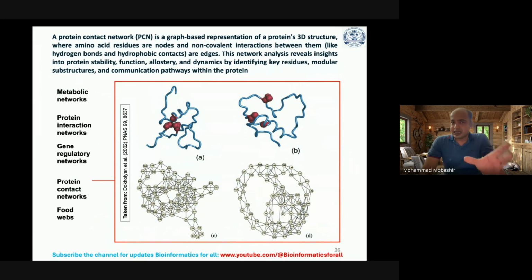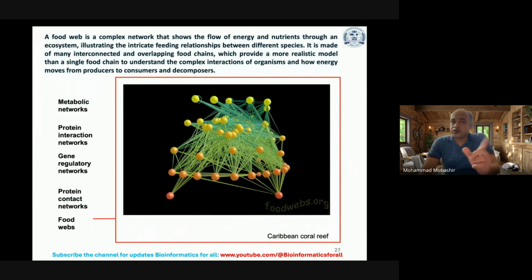The PCN, or protein contact network, is a graph-based representation of a 3D protein structure where amino acid residues are nodes and non-covalent interactions between them are edges. This network analysis reveals insight into protein stability, function, allostery, and dynamics by identifying key residues, modular substructures, and communication pathways within the proteins.